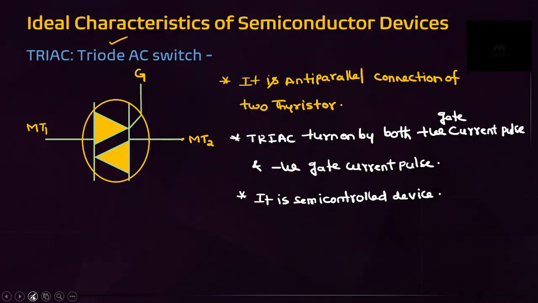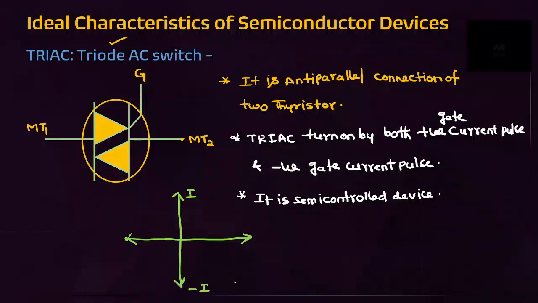If you try to draw the ideal characteristics of a triac, in drawing the ideal characteristics of any device, current is taken on the y-axis and voltage on the x-axis. We know that triac allows the current in both directions and blocks both polarities.